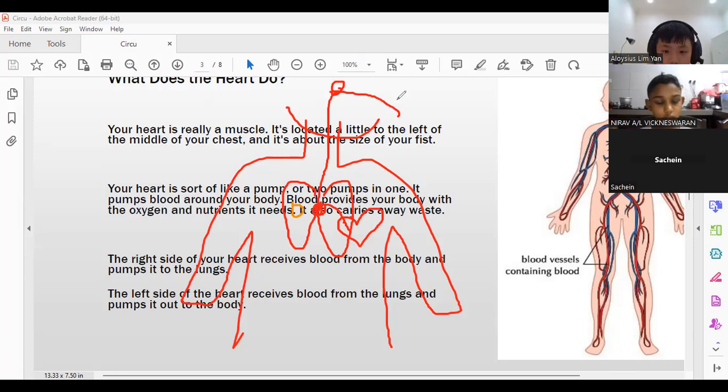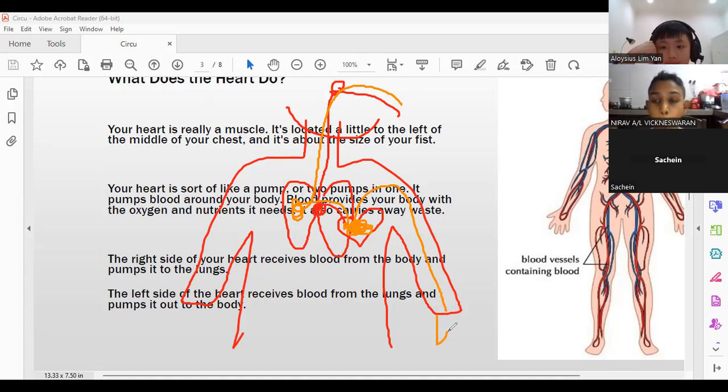Okay, can you see the orange color is the oxygen? It goes to the lung first, then it goes to the heart, carrying more oxygen. From this, the heart will do some little transferring business and pump it out to the body. You understand? Using the pump system that it has, the beating system.